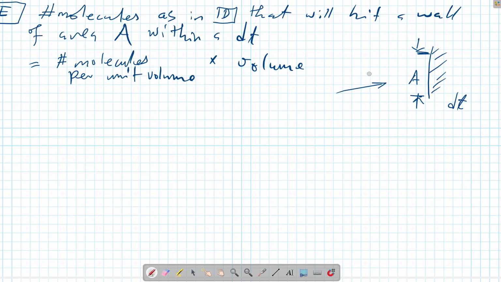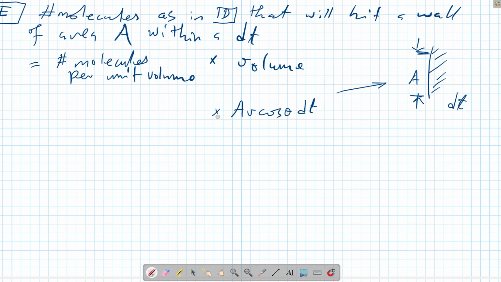So this volume we compute as the volume in which molecules are going to sweep before they hit the wall within a time dt. That volume we computed to be A v cos theta dt. So it's like area times length. The length traveled is v cos theta dt, right?